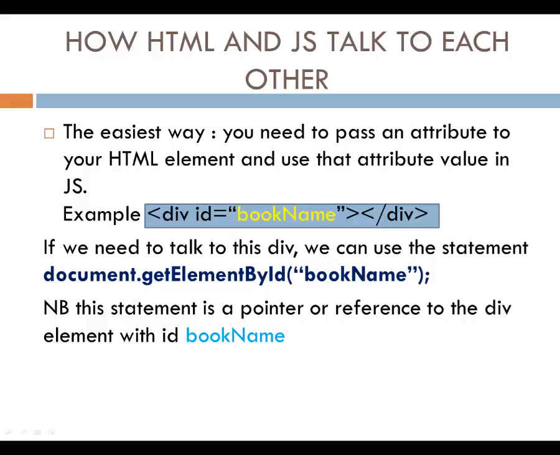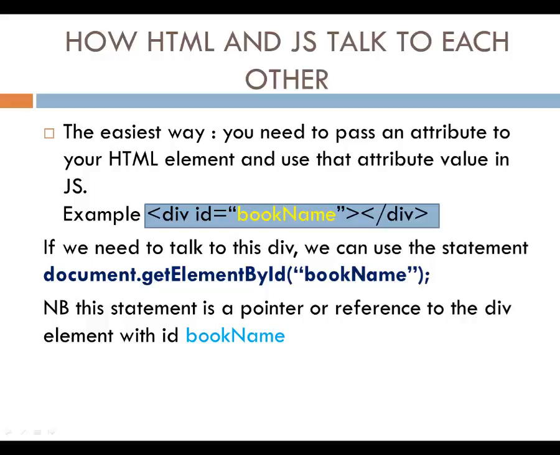Here you can see div, which starts here and closes right here. Right after opening the div, we have passed it an ID attribute, and to that attribute we have passed the value book name. So now that we have the value of the ID, which is book name, in JavaScript we can use this ID book name to set content, which means adding content between this opening and closing div tag right here.